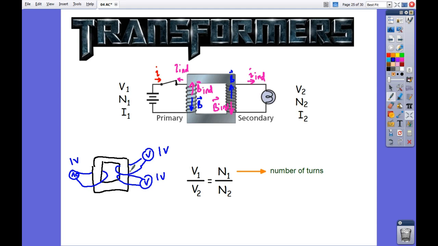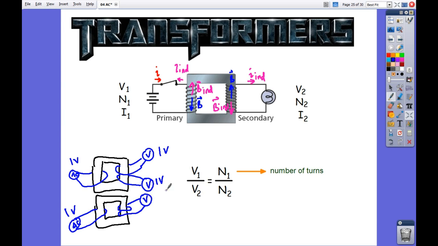If I change it into another form, for example, this is an AC source of 1 volt, and I have a voltmeter here. So what is its reading? It will be 2 volts. Why? Because it has 2 turns of loop on the secondary.